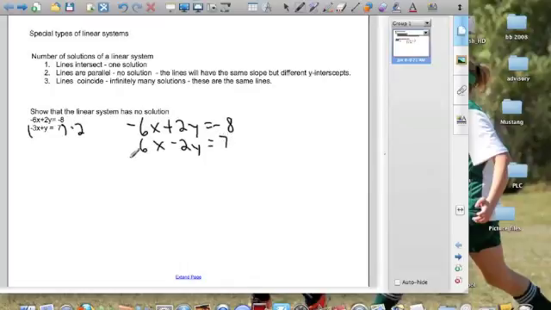Now when I add these two equations together, we end up with 0 equal to 7. And again, in this case, it is not true. So if we end up with this situation where my variables all cancel and the statement is not true, then we have lines that are parallel, and therefore we have no solution.